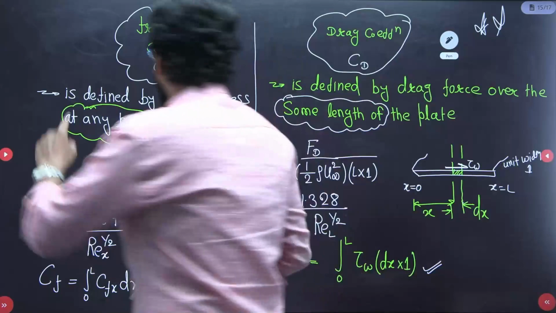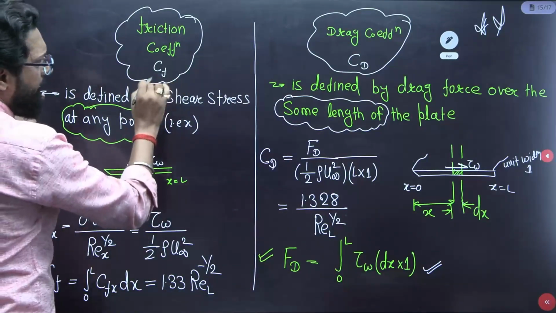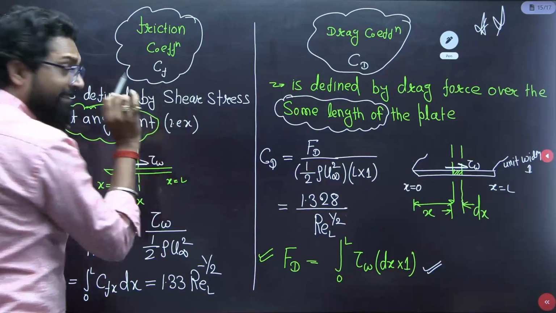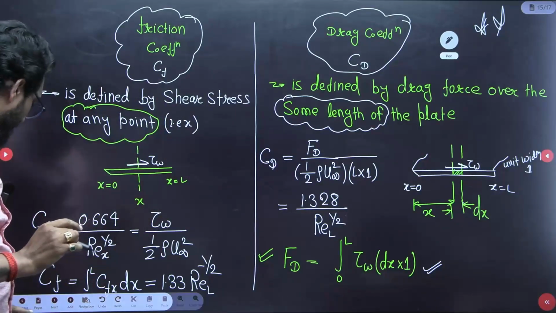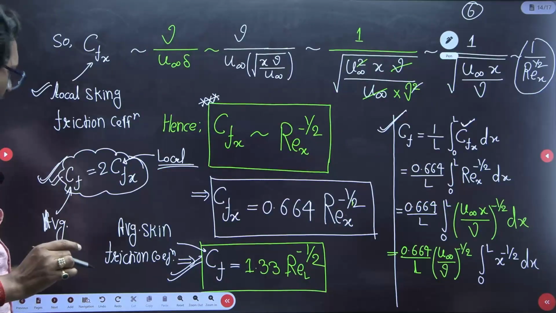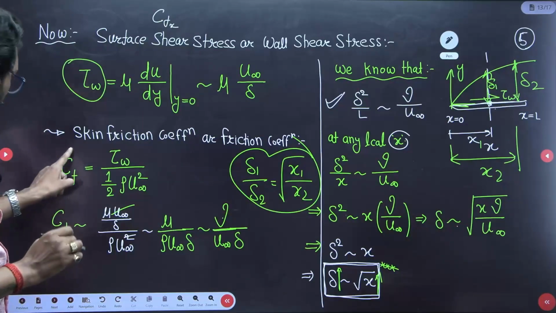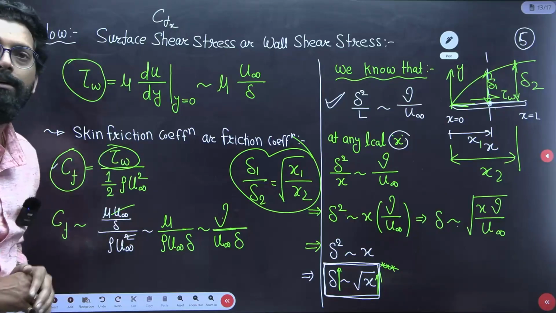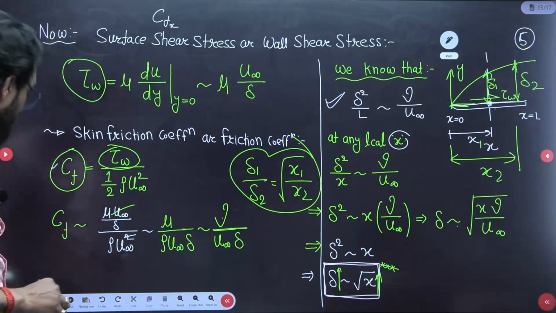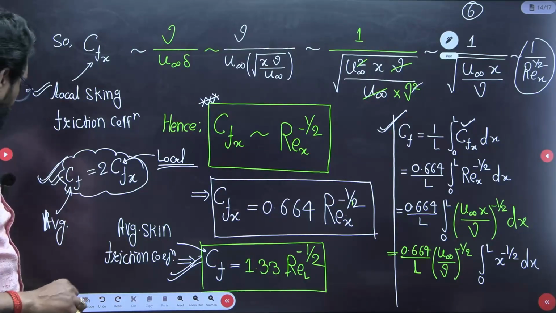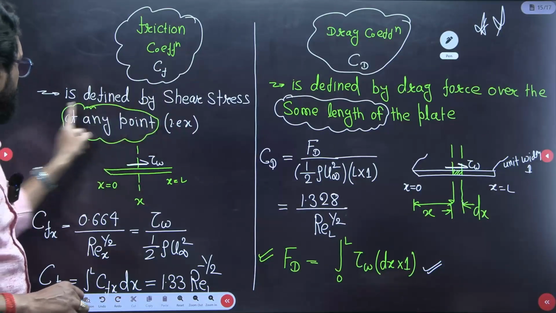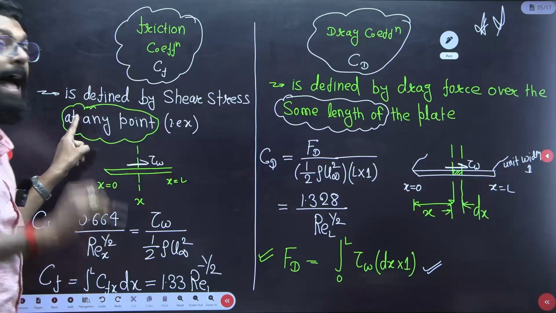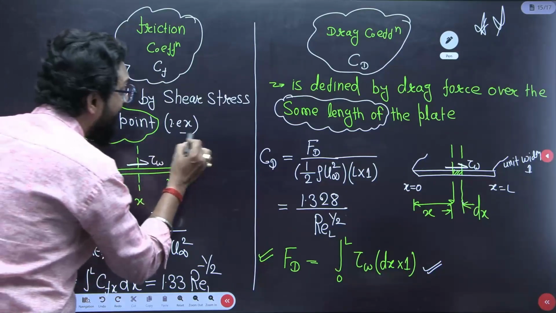First, the friction coefficient is defined by the shear stress. If you calculate the friction coefficient, you must have knowledge about the wall shear stress. So the friction coefficient is defined by the shear stress at any point x.